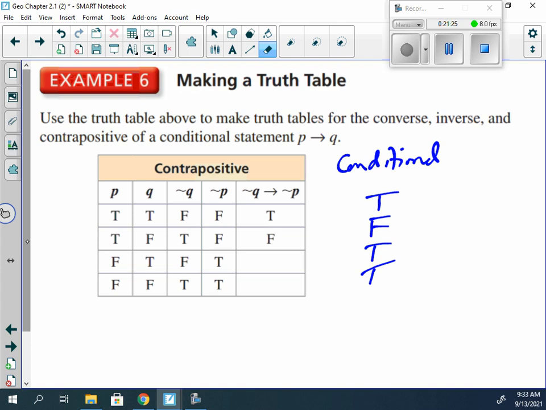False implies true is true, and true implies true is true. Does it match up with our conditional statement? So this is just a way for us to see that these do line up. Questions on this here?